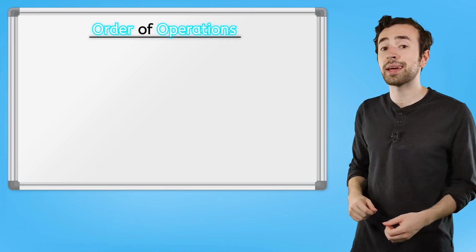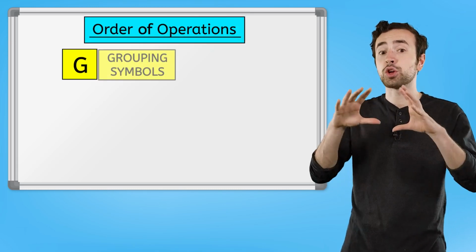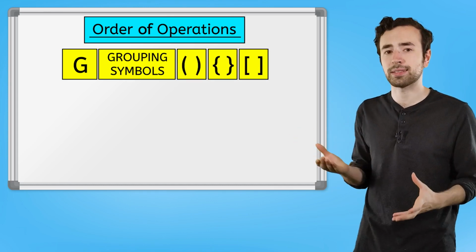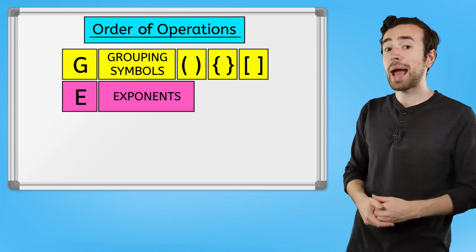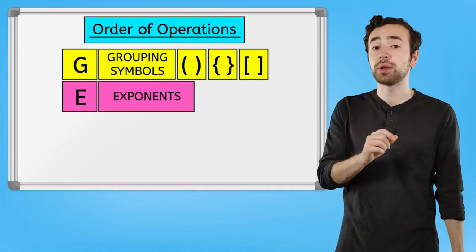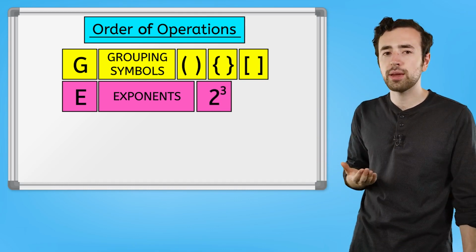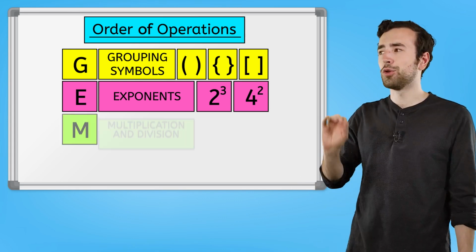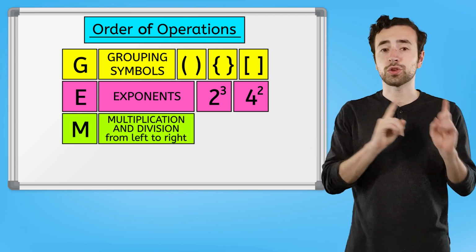When evaluating expressions, always start with any operations in grouping symbols first, like parentheses or brackets. Next, address any exponents or powers in the expression. Exponents are numbers written as superscripts, like 2 to the power of 3 or 4 to the power of 2. Afterward, tackle multiplication and division, working from left to right.